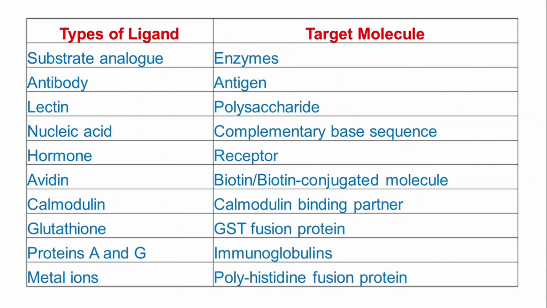The types of ligands: substrate analogs for enzymes, antibody for antigen, lectin for polysaccharide, complementary base sequence for nucleic acid, hormone for receptor, avidin for biotin conjugated molecule, and calmodulin binding partner for calmodulin. Then, from genetic engineering, glutathione for GST fusion protein, proteins A and G for immunoglobulins, and metal ions, mostly nickel or cobalt, for polyhistidine fusion protein, the His-tag.